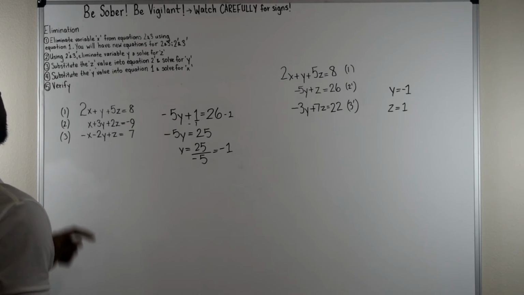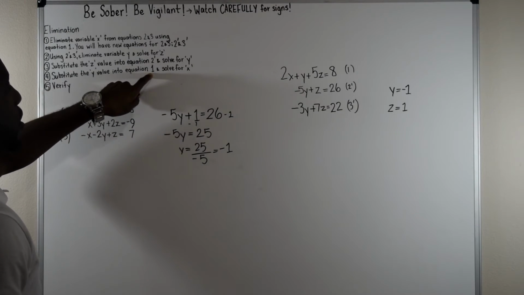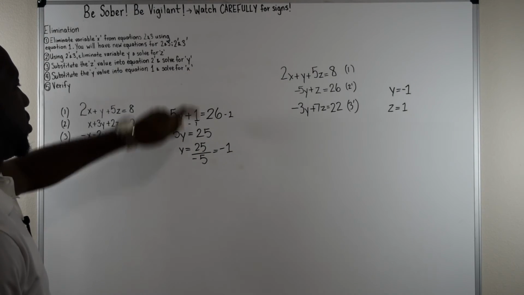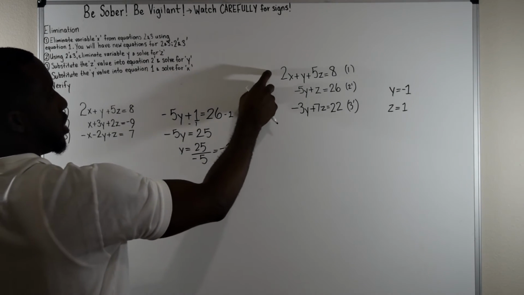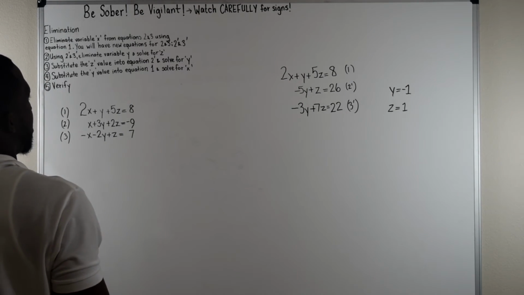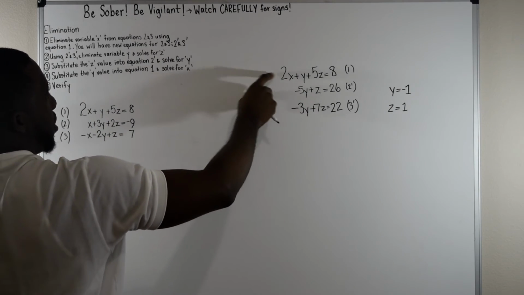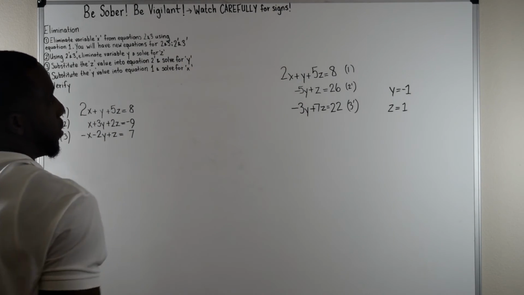All right. So now I substitute the y value into equation 1 to solve for x. Okay. So this is equation 1 right here. This is a mistake. I'm going to substitute the y value and the z value into equation 1. Okay.